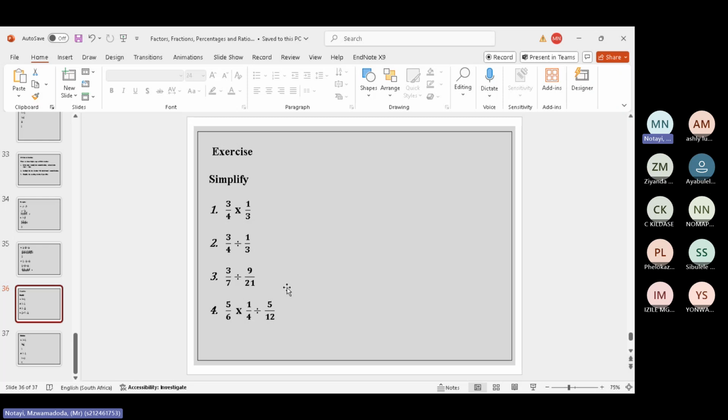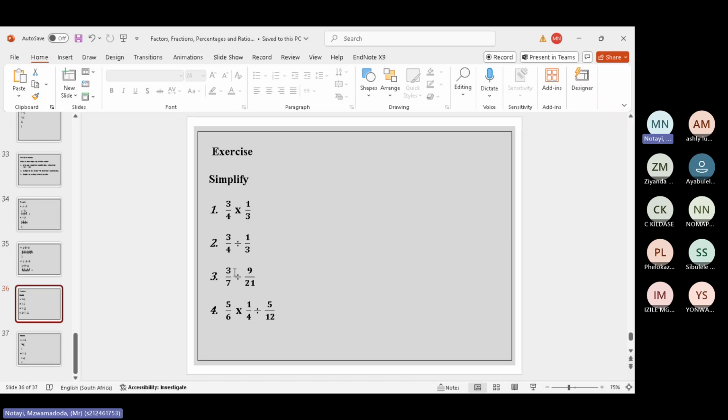So 3/7 times 21/9. 21 you can write as 3 times 7, and 9 can be written as 3 times 3. The 7 at the top cancels the 7 at the bottom, and then you get 3 times 3, which is 9, divided by 3 times 3, which is 9. 9 divided by 9 is equal to 1.